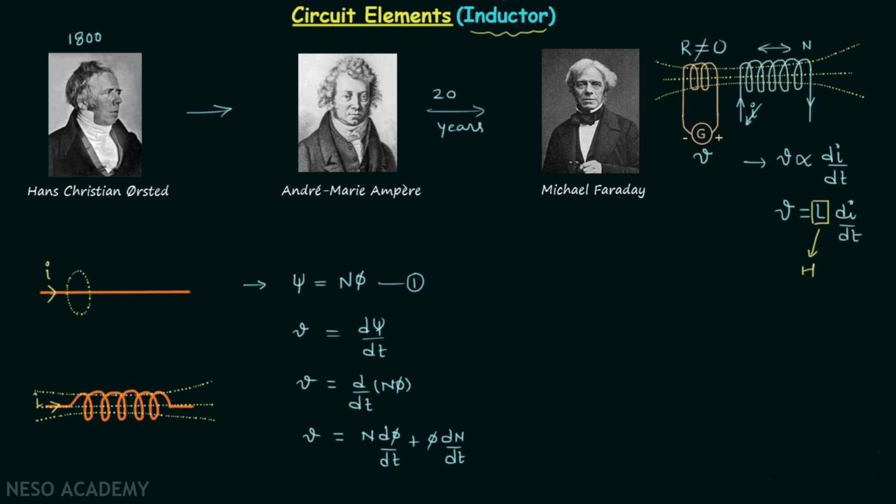N is a constant and therefore n will not change with time, and dn by dt will be equal to 0. So finally we are getting voltage V equal to n d phi by dt. So remember this.